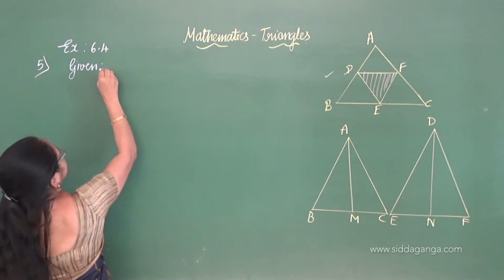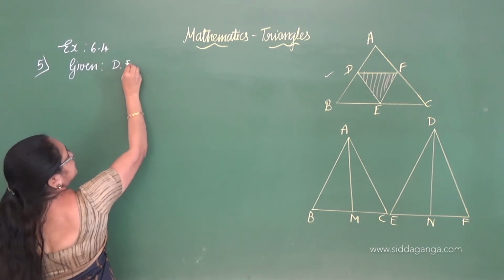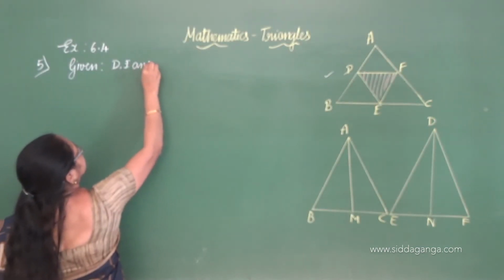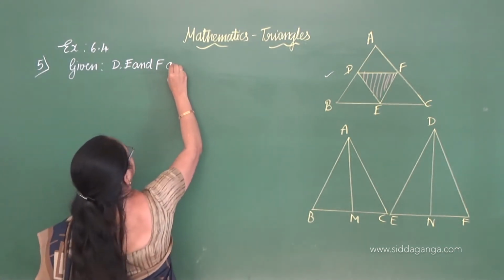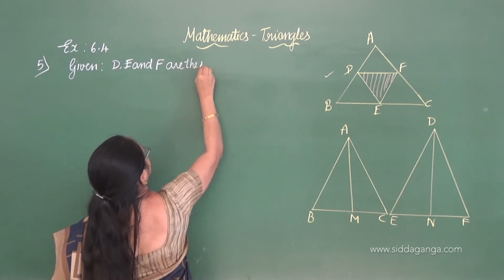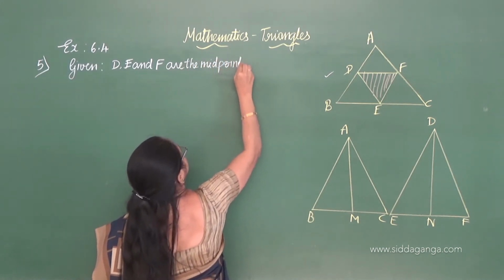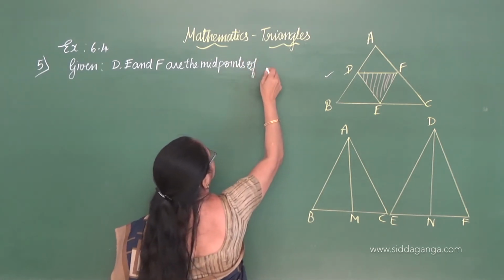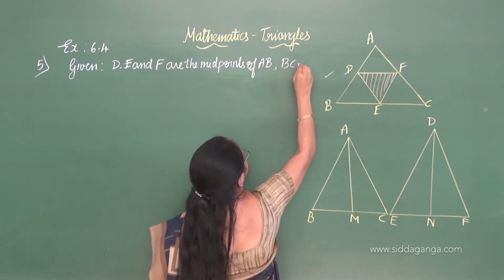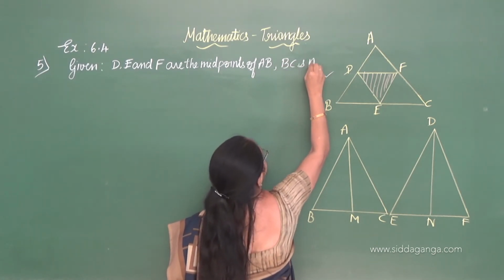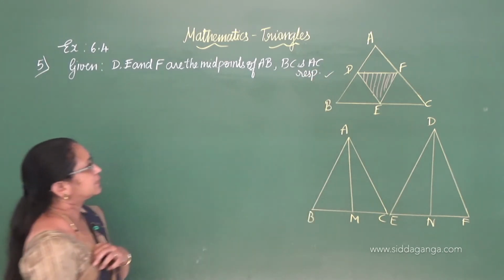Given: D, E and F are the midpoints of AB, BC and AC respectively.